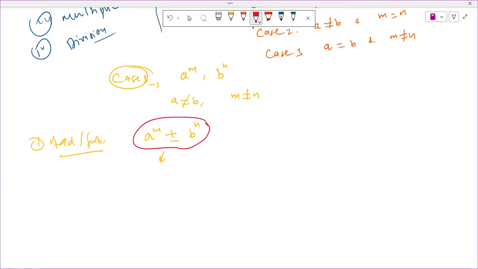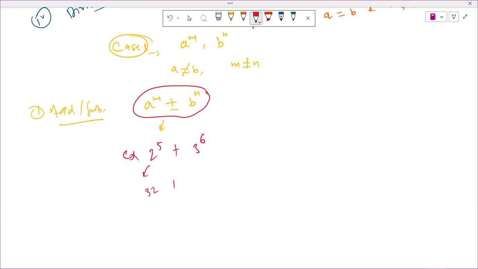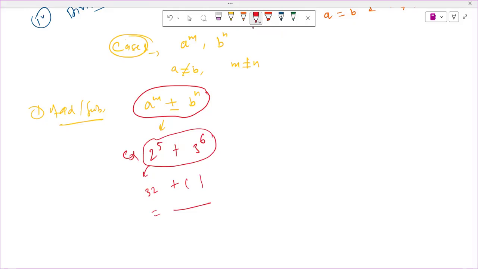For example, 2 to the power 5 plus 3 to the power 6. One way is, if we know 2 to the power 5 is 32, then 32 plus 3 to the power 6 will be a very big number. I think it's better to stop here.